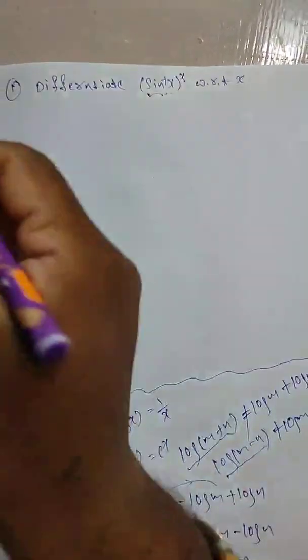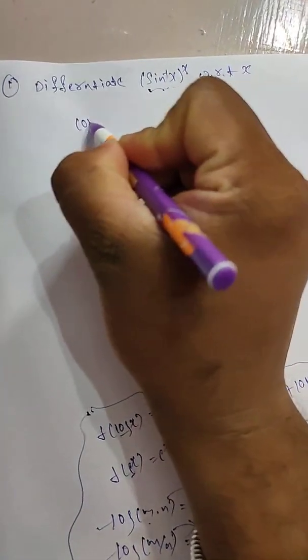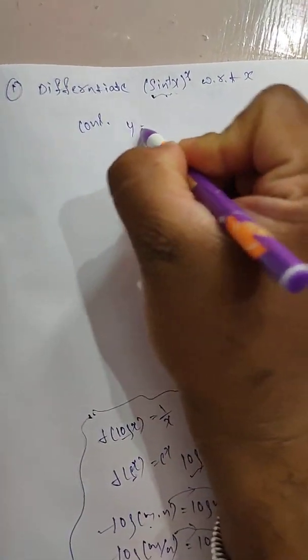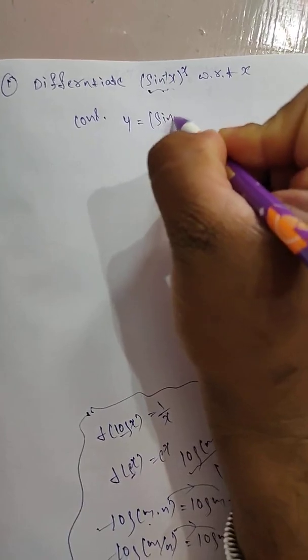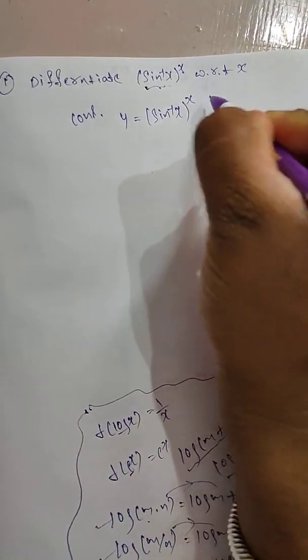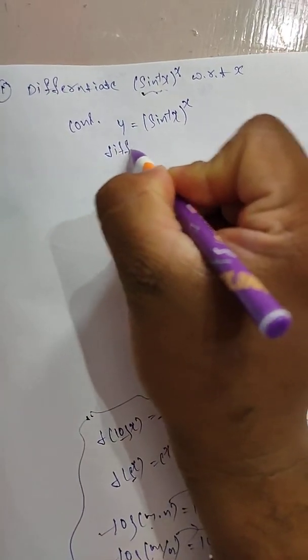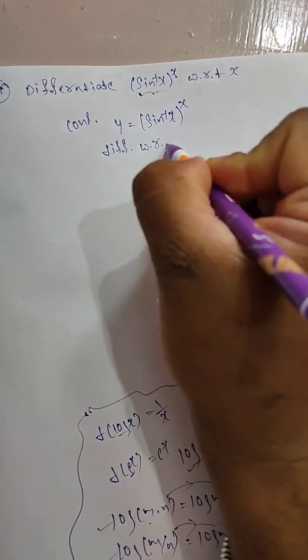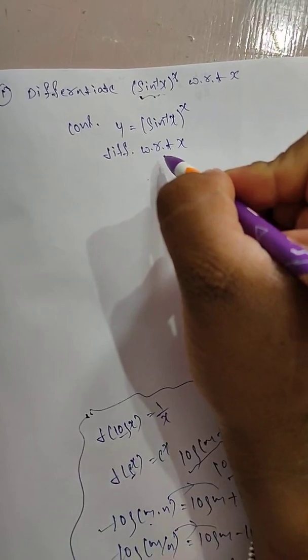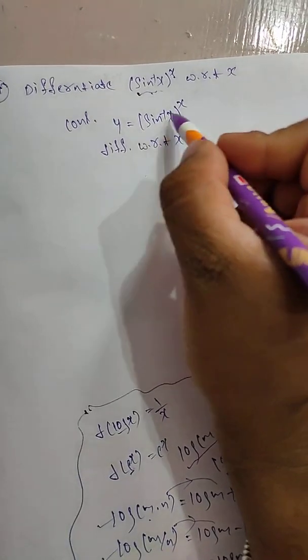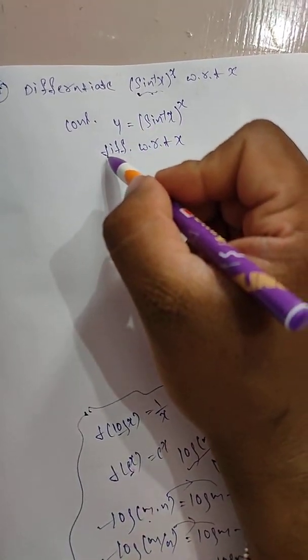So how to do this problem? Consider y is equal to sin inverse x to the power of x. Now differentiate with respect to x. We can't differentiate this function directly, so we can't write it like this.